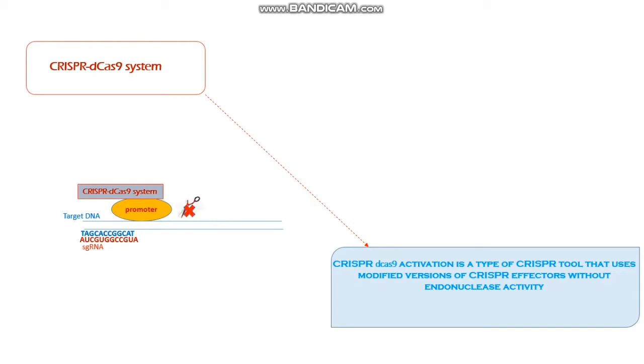So eventually the dCas9 won't cleave the target DNA. Then the enhancement or reduction of the transcription of the gene occurs. So the corresponding protein expression is regulated in this way.